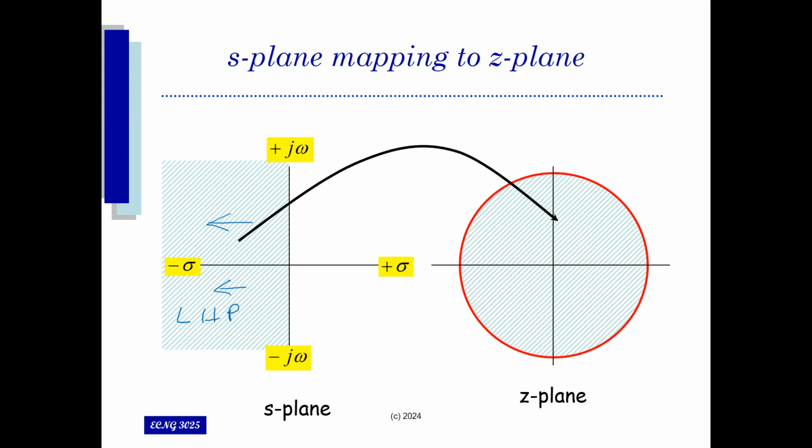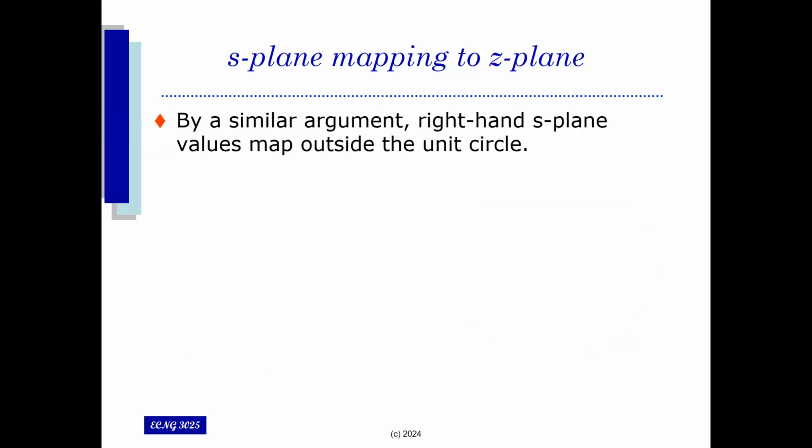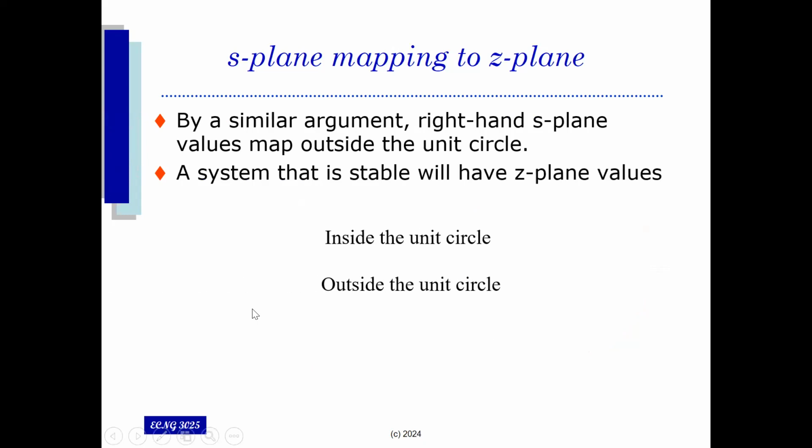So stable systems in the Laplace transform domain, if you sample that appropriately and calculate the Z transform of it, map inside the Z plane, inside the unit circle. So a system that is stable will therefore have to have Z-plane values inside of the unit circle. The left-hand side maps inside of the unit circle.